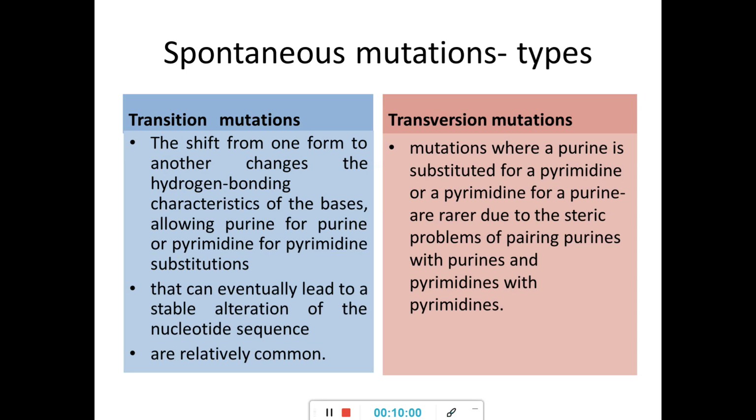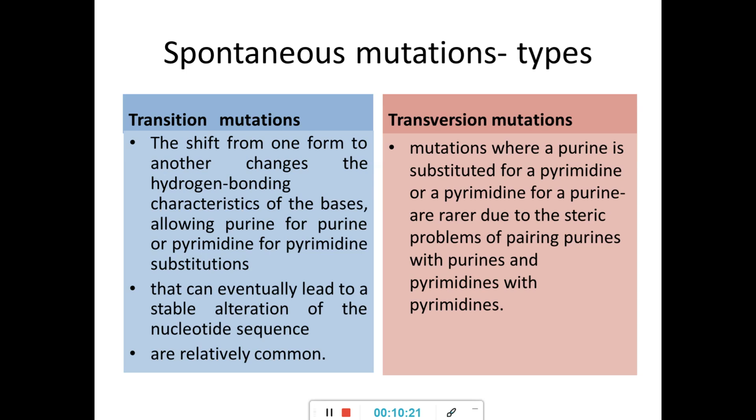When a purine is replaced by another purine or a pyrimidine by another pyrimidine, such a mutation is referred to as a transition mutation. That could eventually lead to a stable alteration of the nucleotide sequence, and it is a relatively common type of mutation.